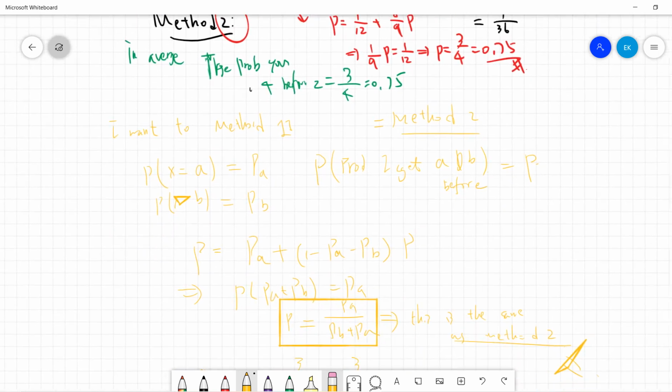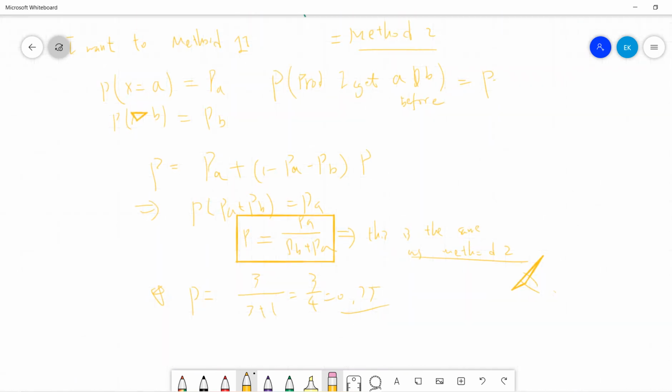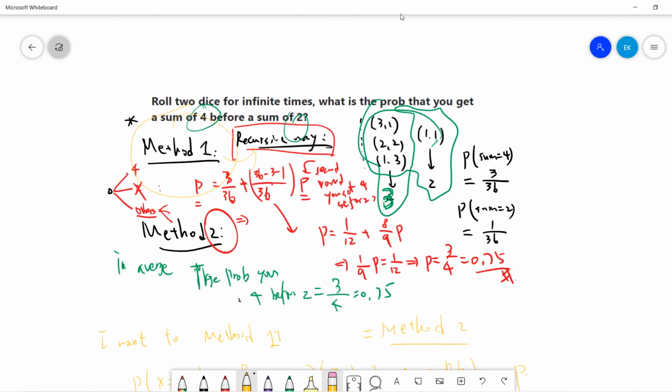But once I solved this problem many times, I figured out that method 1 is the same as method 2. So you don't need the recursive idea or any smart idea. You only need the very naive way: there are 3 ways to get 4 and 1 way to get 2, so the probability that you get 4 before 2 is just 3 divided by 4, which is 0.75.